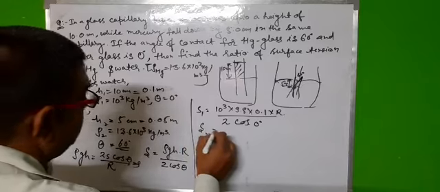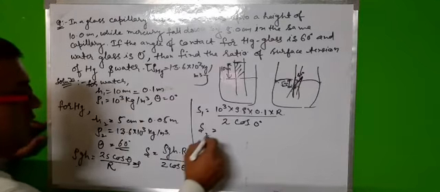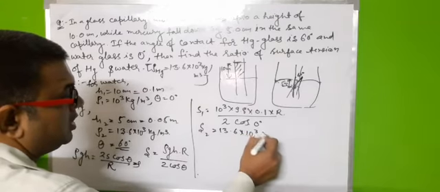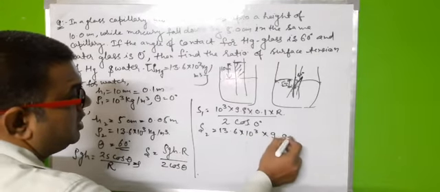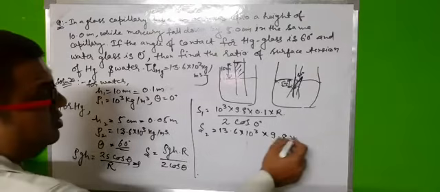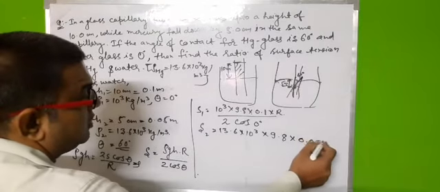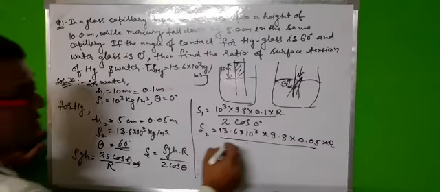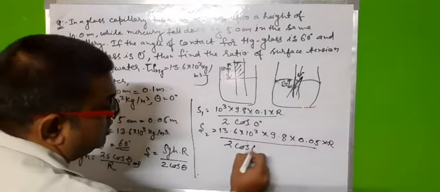And similarly S2 is equal to 13.6 into 10 to the power 3 into 9.8 into 0.05 into R upon 2 cos 60 degree.